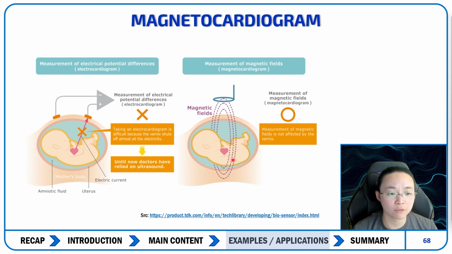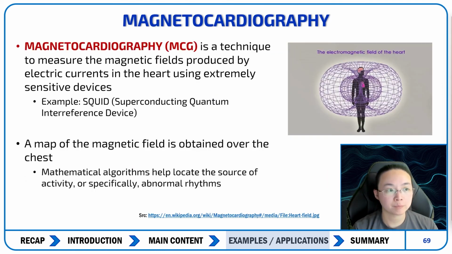So keep in mind the vernix is actually the white coating around the fetus to protect it. It's this coating around, so in yellow over here. So how does magnetocardiography work? So it's actually quite complicated. It's a technique that measures the magnetic fields produced by the electric currents in the heart using extremely sensitive devices.